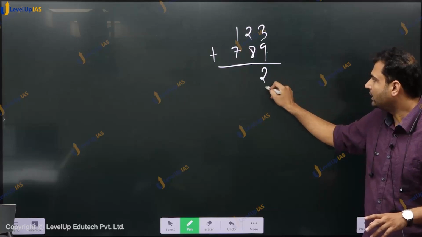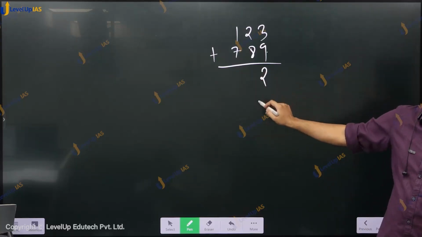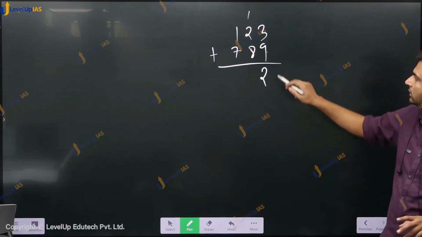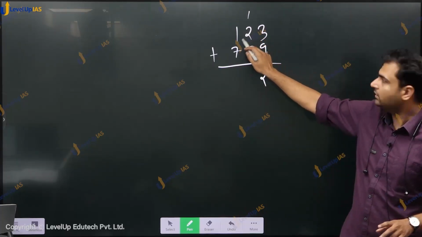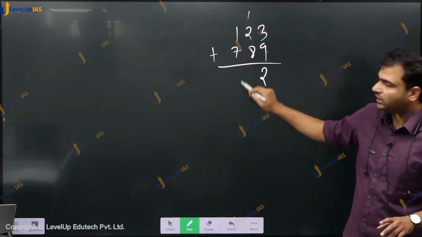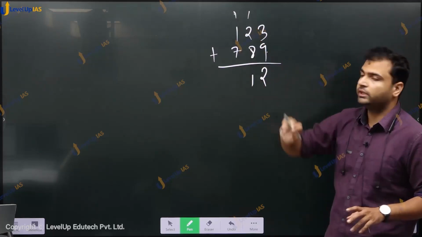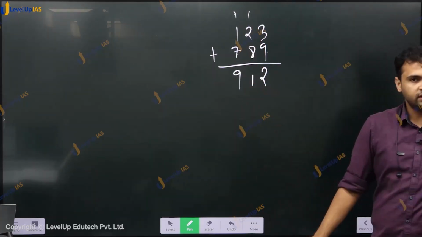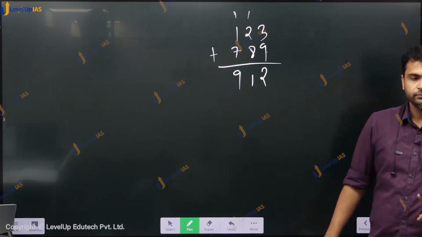We write 2 of 12 below this and we carry forward 1. 8 plus 2, 10 plus 1, 11, write 1, again carry forward 1, and 7 plus 1 plus 1 is 9. ऐसे ऐड किया जाता है दो नंबर्स को.